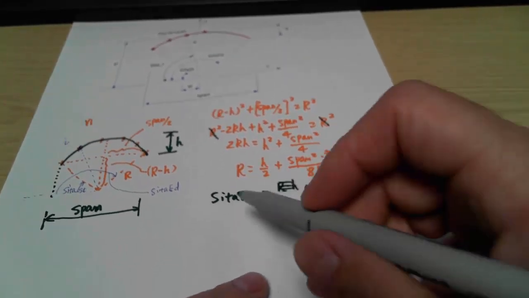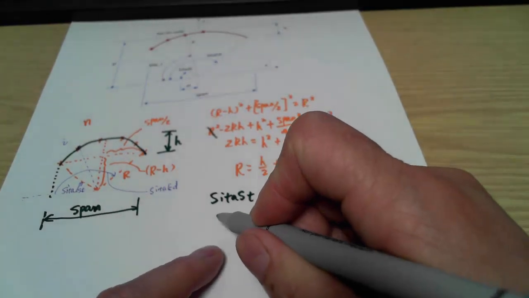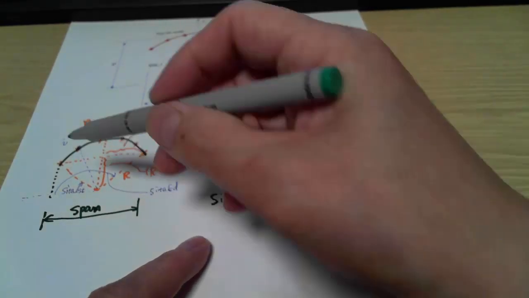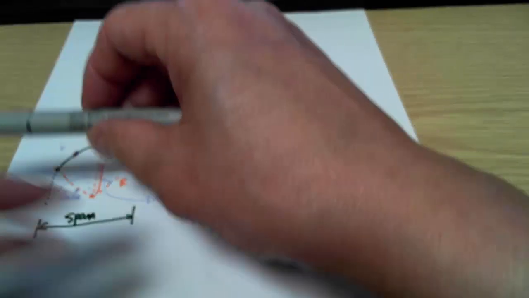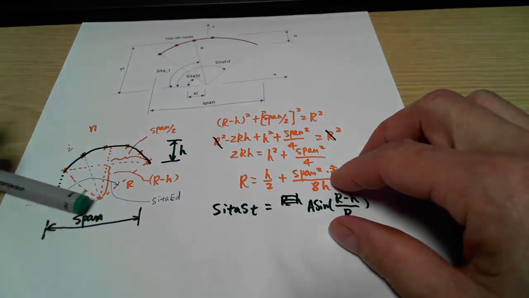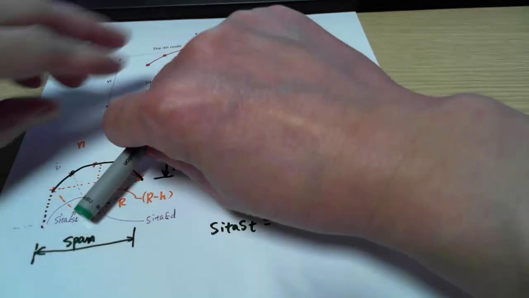Once you get this angle here, the other angle is from this line rotating to this line here.